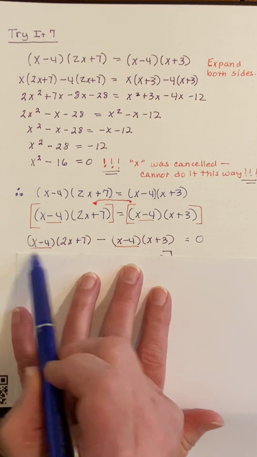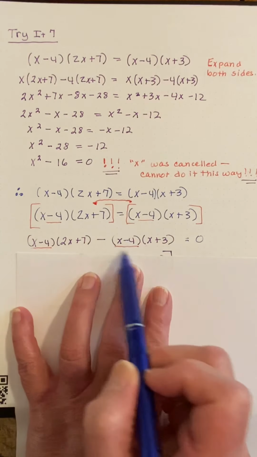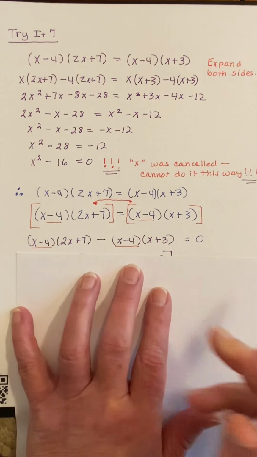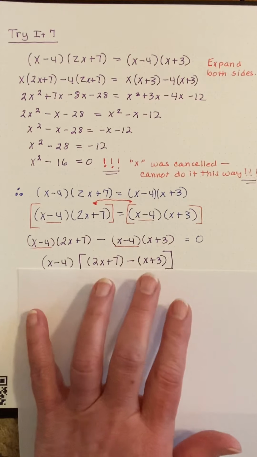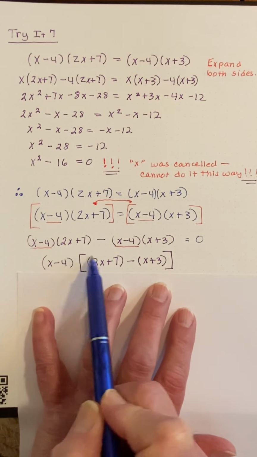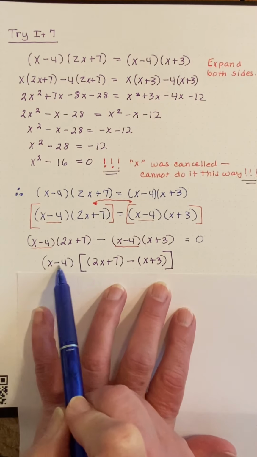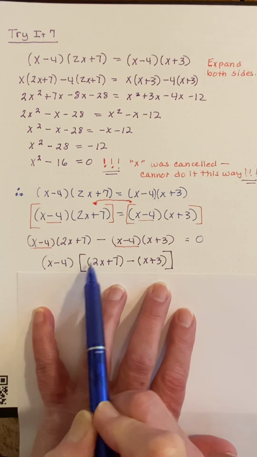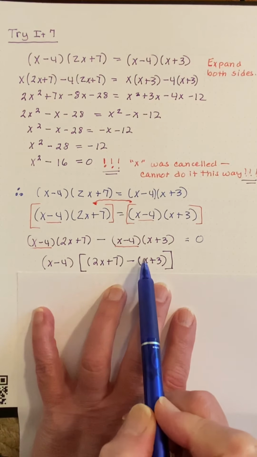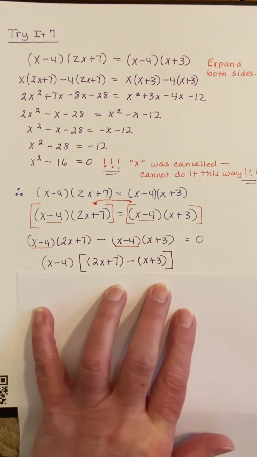So I have this huge quantity minus this same quantity, but I have the same thing here. Same thing. So I can do this. I'm going to do the distribution in reverse. So x minus 4 times 2x plus 7 minus the x plus 3.